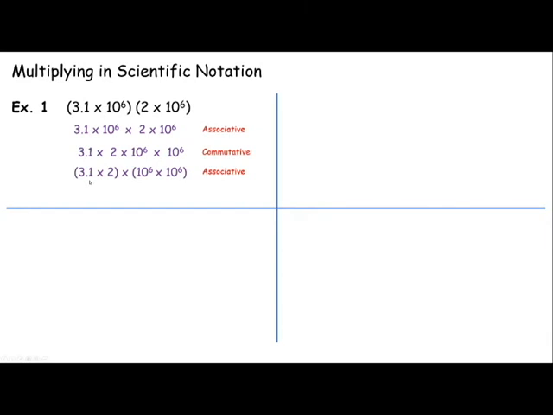Once I've done that, I'm just going to perform a little bit of computation. 3.1 times 2, I can do in my head. That is 6.2. And then 10 to the 6th times 10 to the 6th. If you remember our exponent rules, the rule says we need to add those 6's together to get a 12. Again, if you're unfamiliar with your exponent rules, this is going to be much, much harder.